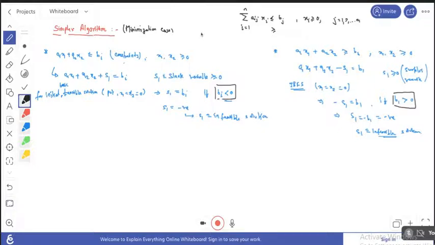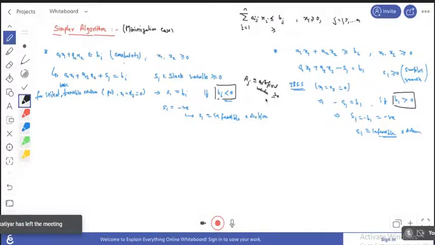So we introduce an artificial variable Aj, and these artificial variables are also greater than or equal to 0.